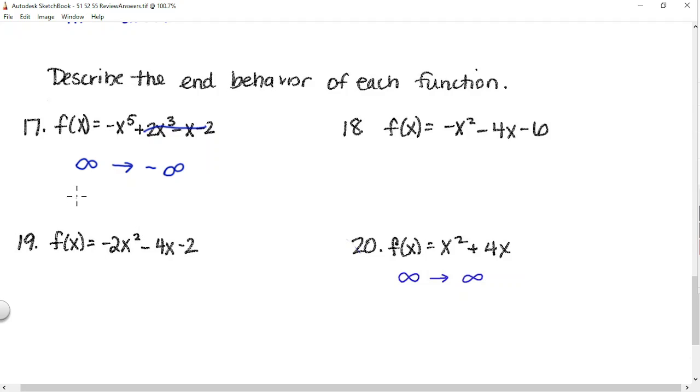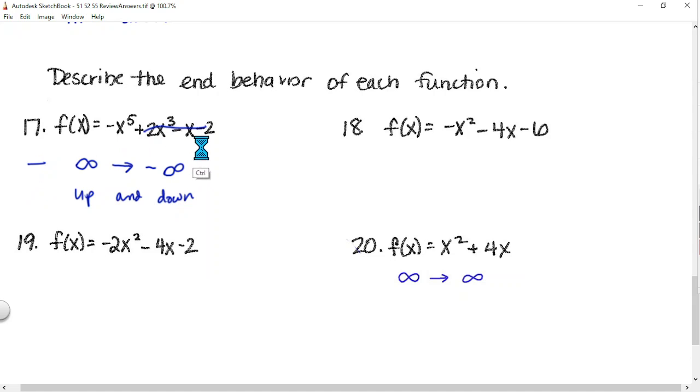Up and down. When you go all the way to the left on the x, the function is going up. And when you go all the way to the right on the x-axis, to a very large positive number for x, the function goes down to negative infinity. So these are the two ways of writing it.